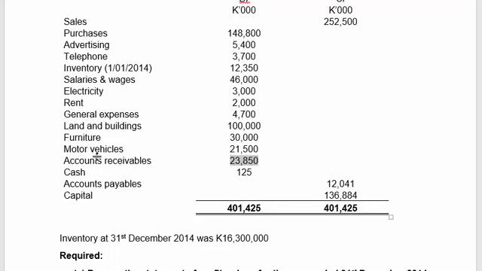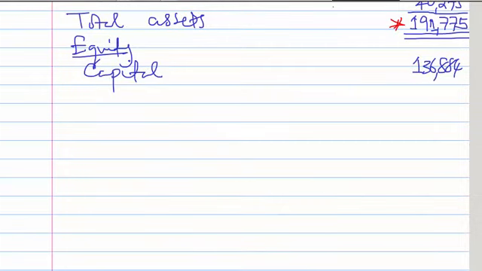We don't have any retained profit at this moment, but if you check our other video on our profit and loss statement, you will realize that we had made some profit, and that profit came to 42,850. You just need to refer to that video.